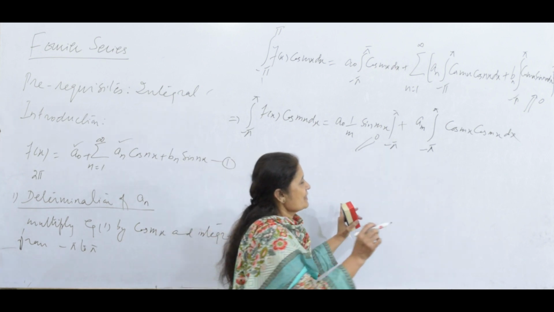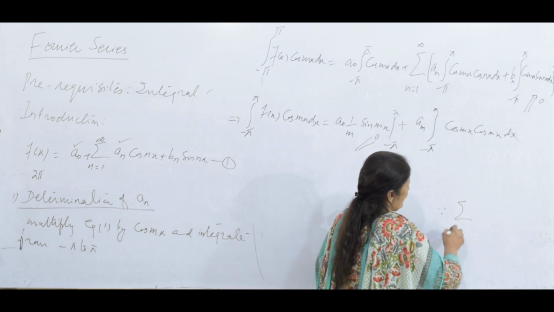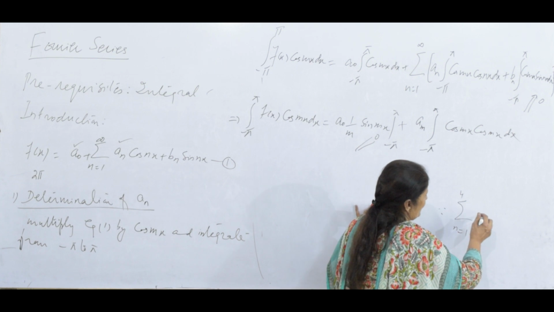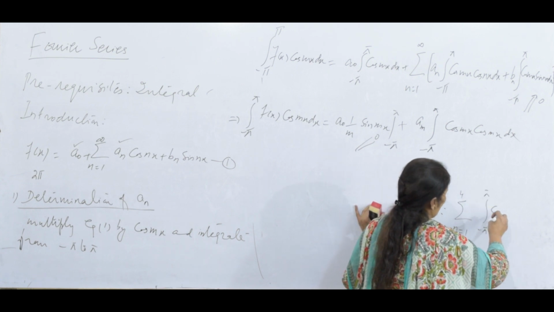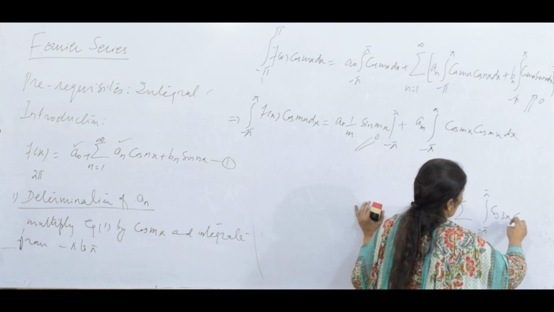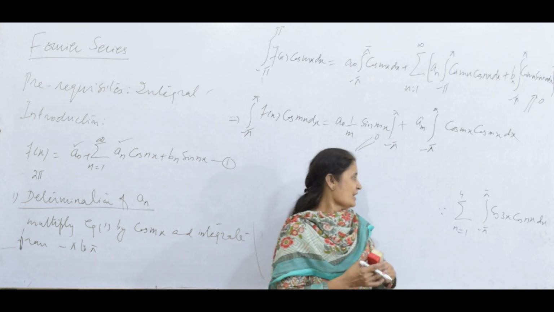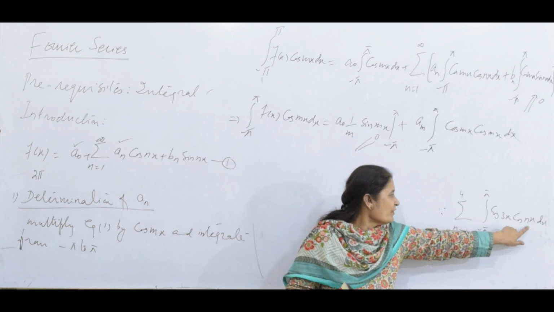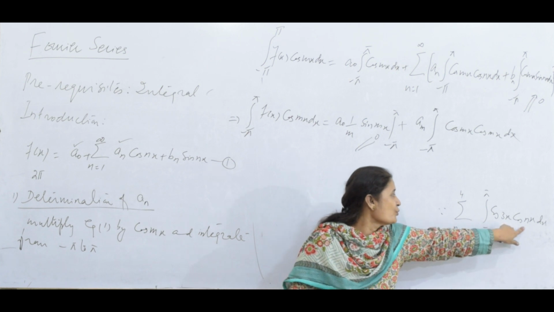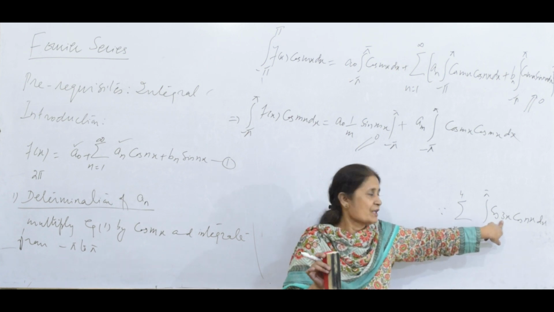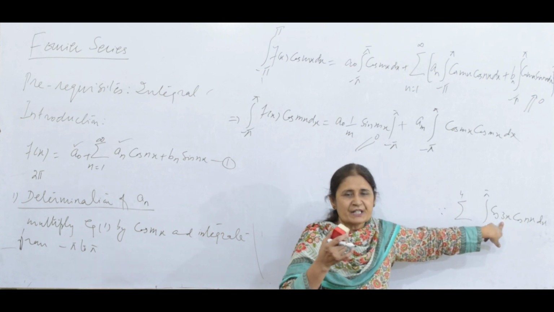Let me explain this in a bit of another way. I am having sigma n equal to 1 to 4, for example. So a_n times the integral from minus pi to pi of cos 3x cos nx dx. If n is 1, 1 is not equal to 3, that vanishes. If n is 2, 2 is not equal to 3, that goes away. When n is 4, 4 is not equal to 3, that goes away.